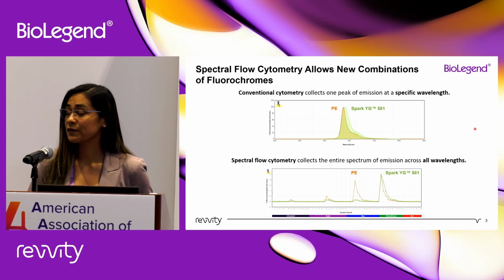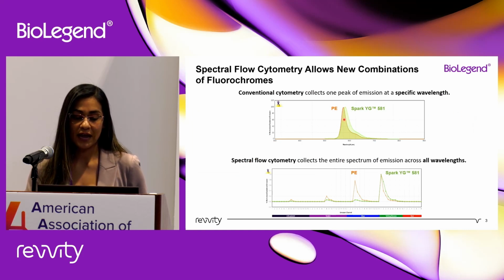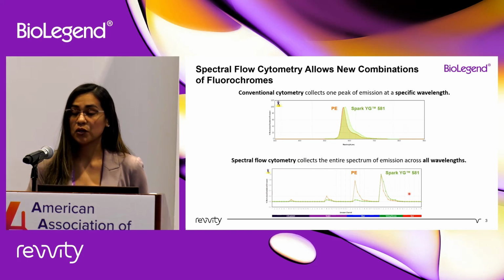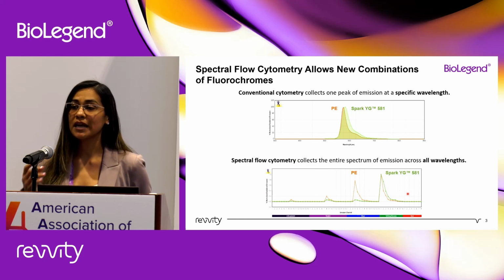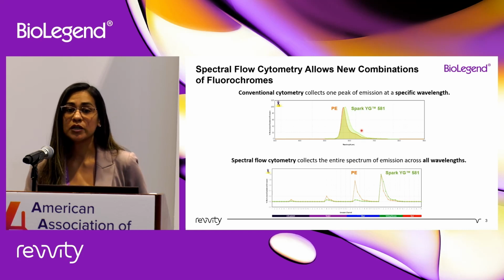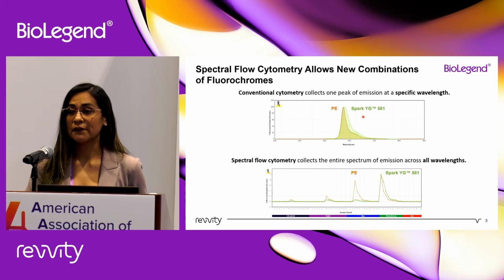Because of these differences, the conventional cytometry collects one peak of emission at a specific wavelength, while the spectral flow cytometry collects the entire spectrum of emission across all the wavelengths. And because of this difference, now the spectral cytometry allows us to use new combinations that we cannot use in the conventional cytometry. As I'm showing you in this example, that is PE and Spark Yellow-Green 581.